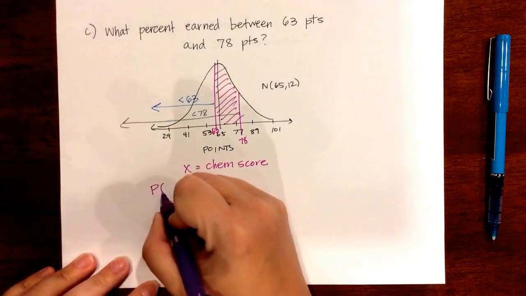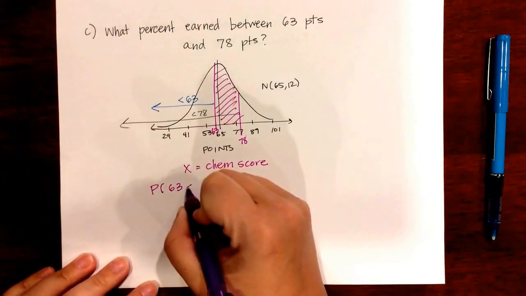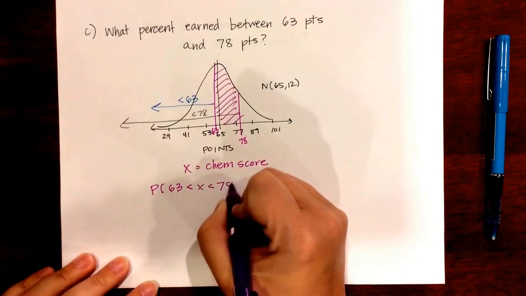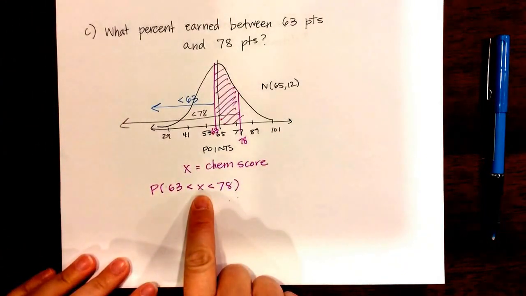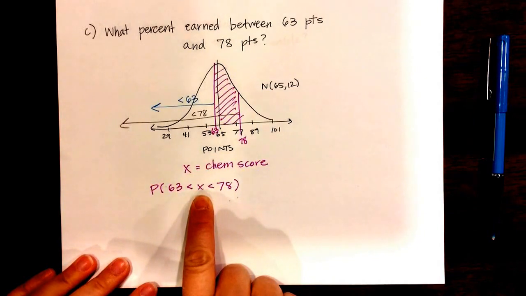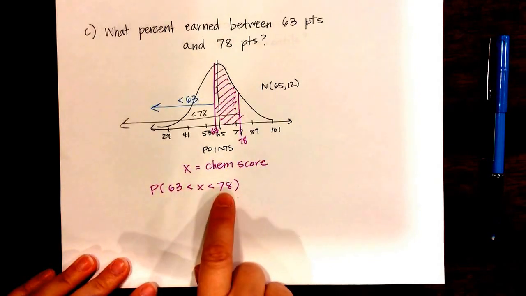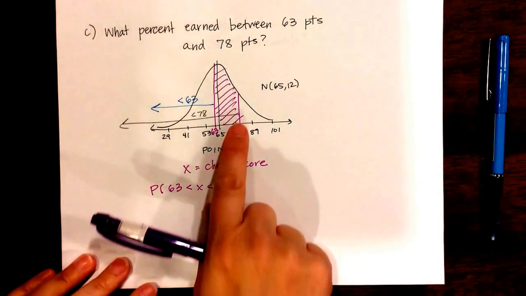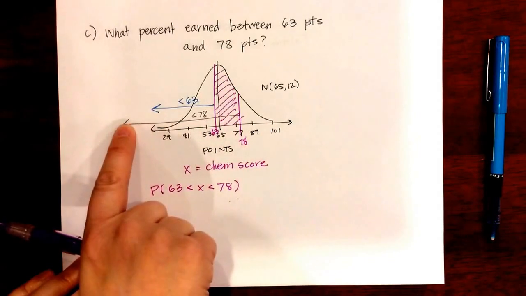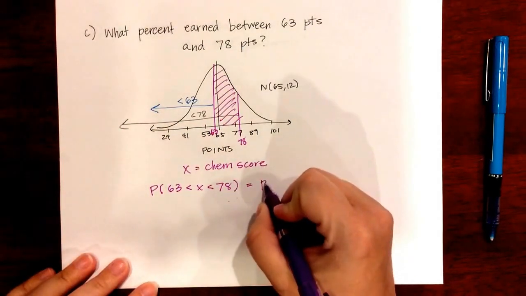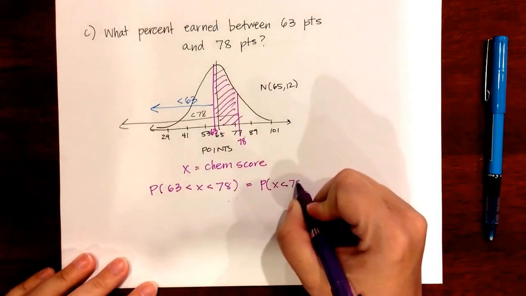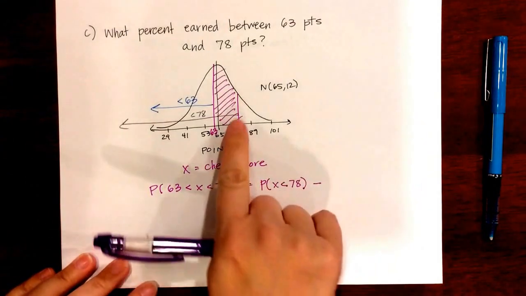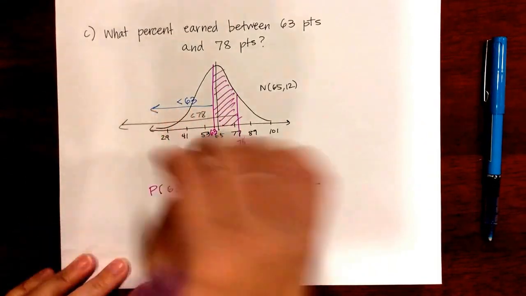So first let me write the question. This question says, what percent had a chem score between 63 and 78? So we said we're going to calculate the area that's less than 78, and we're going to subtract from it the area less than 63.